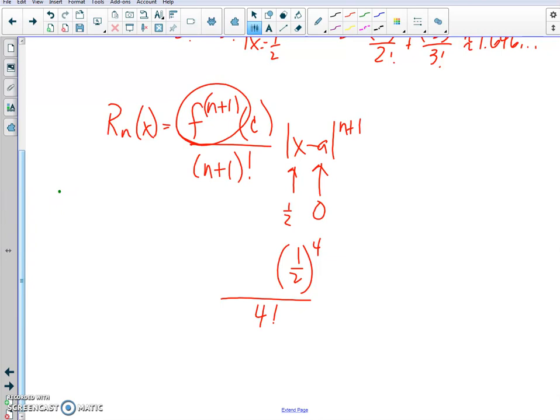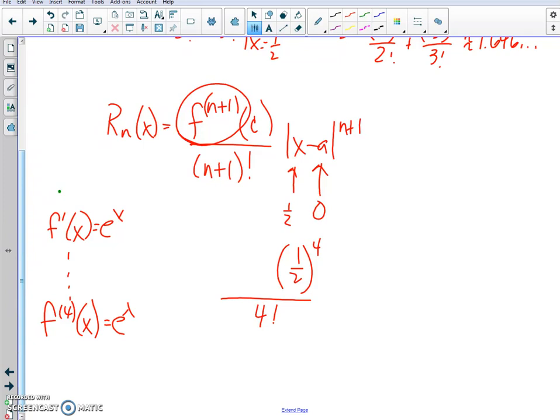So we're looking at putting some bounds on this 4th derivative. So we know that the first derivative of e to the x is e to the x and so on. The 4th derivative is also e to the x.